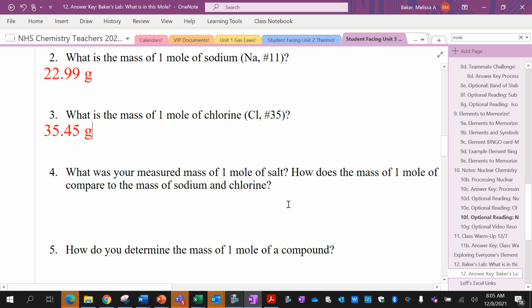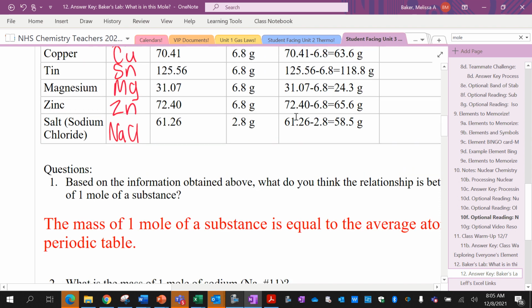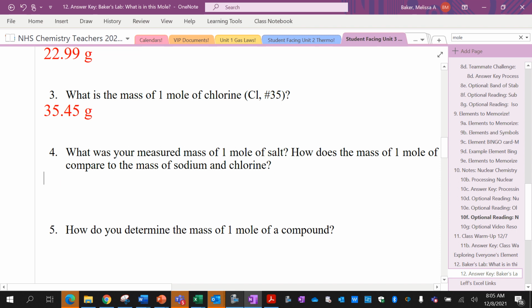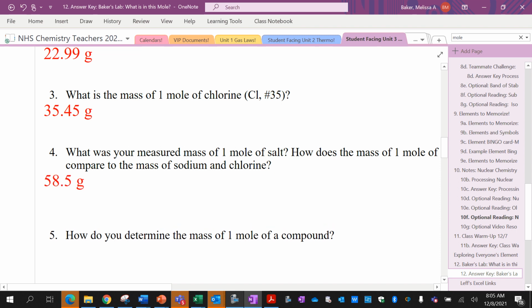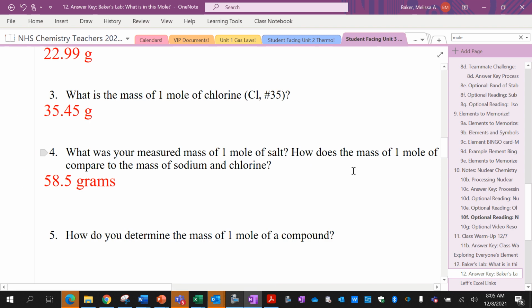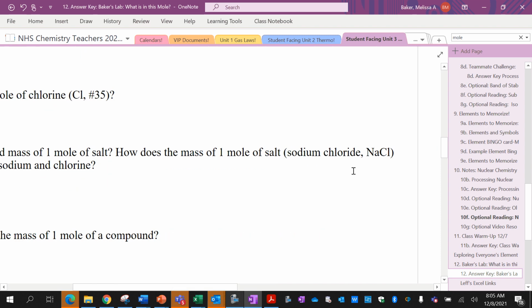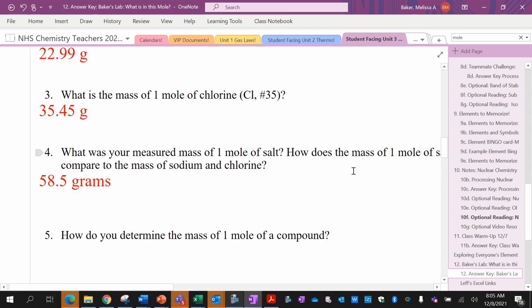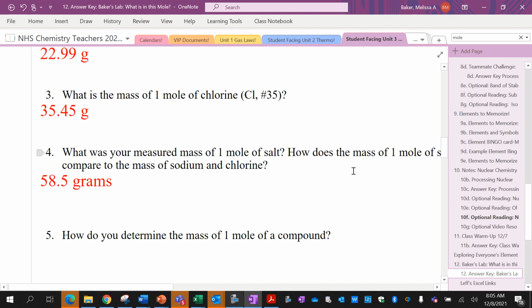What was your measured mass of 1 mole of salt? It was 58.5. How does that compare to the mass of sodium and chlorine?